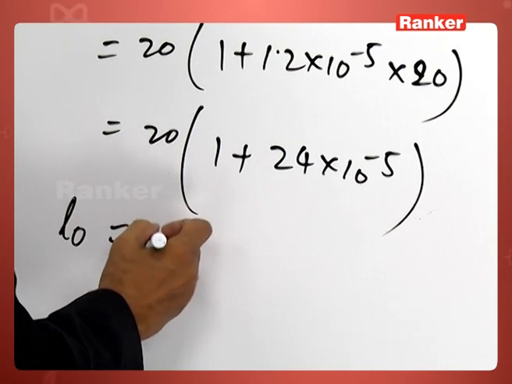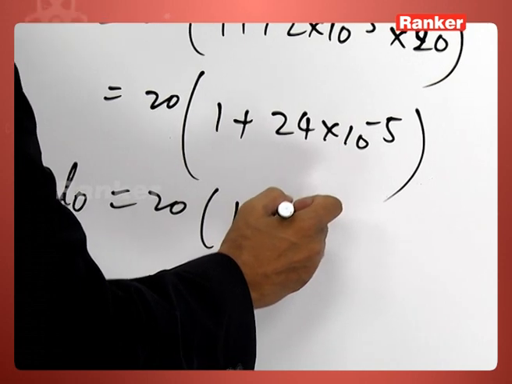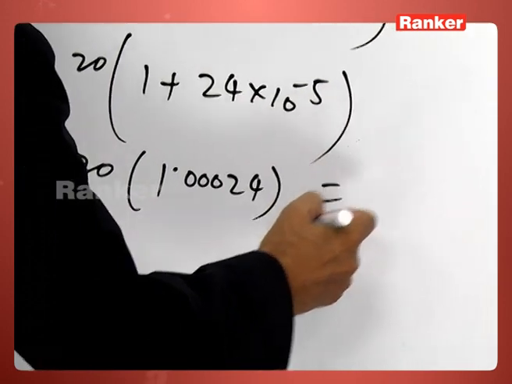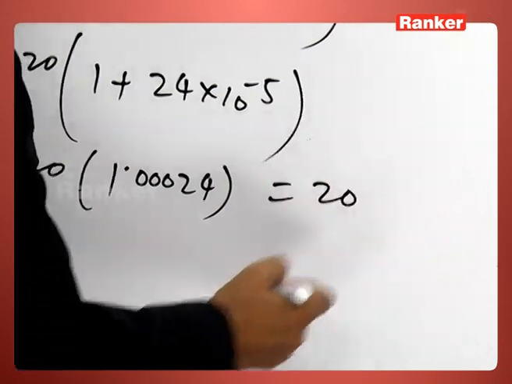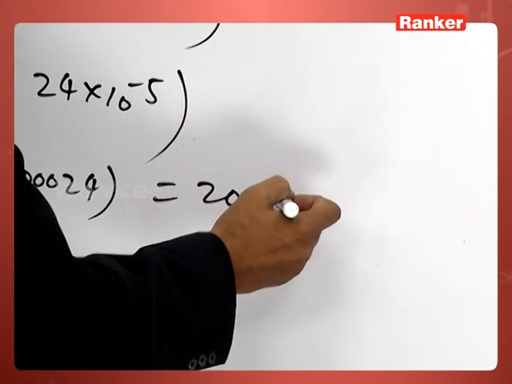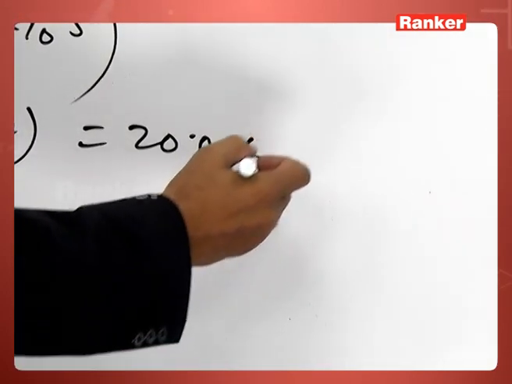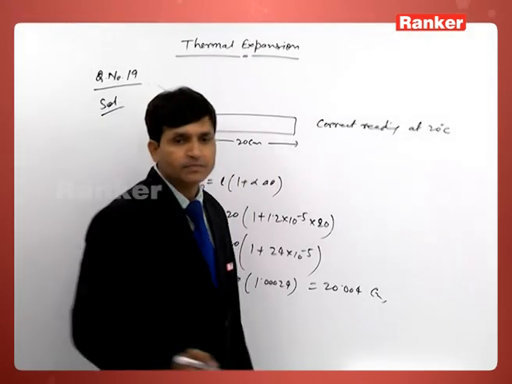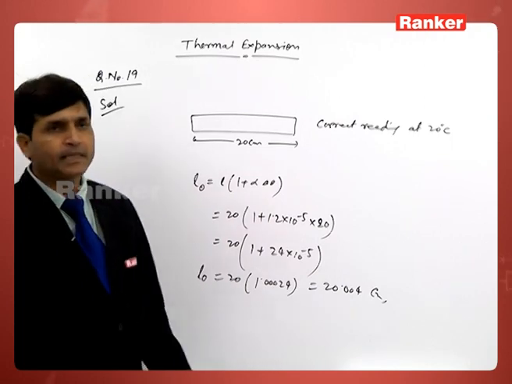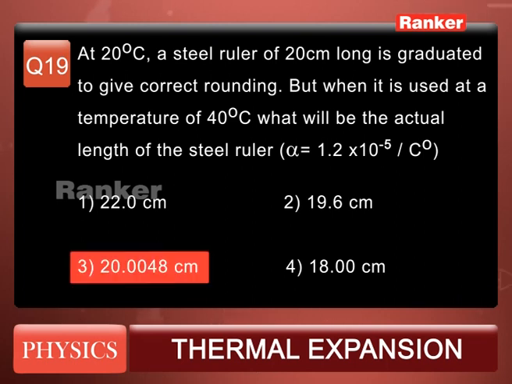So L_θ your 20 times 1.00024. So finally we can say this is 20.004 some value in centimeter. So our answer is approximately your third option is the correct option. So hence answer number third is the correct option.